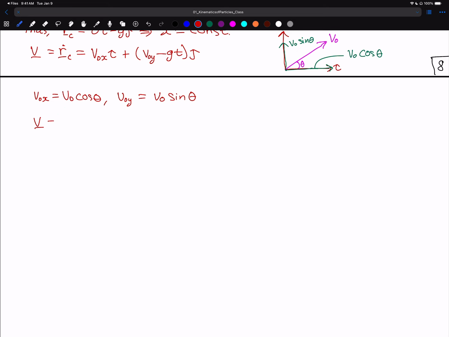So that means that our velocity is going to be equal to v0 times the cosine of theta in the I direction plus the quantity v0 sine theta minus gt in the j direction, again equal to rC dot. And this tells us then that x dot is equal to v0 cosine theta, and y dot is equal to v0 sine theta minus gt.